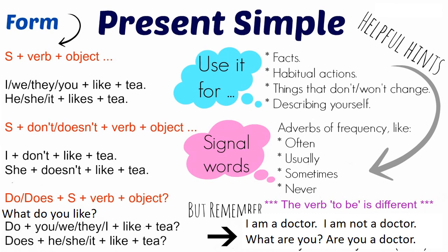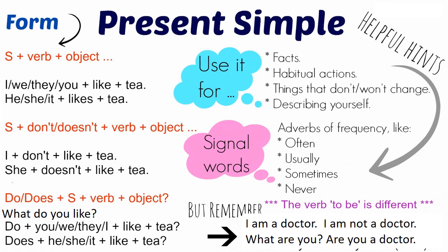In interrogative sentence: question word plus do or does plus subject plus verb plus object. Here do for first person singular or plural, second person singular or plural, third person plural. Does for third person singular. So the example, what do you like? What does he like? Here does for third person singular.